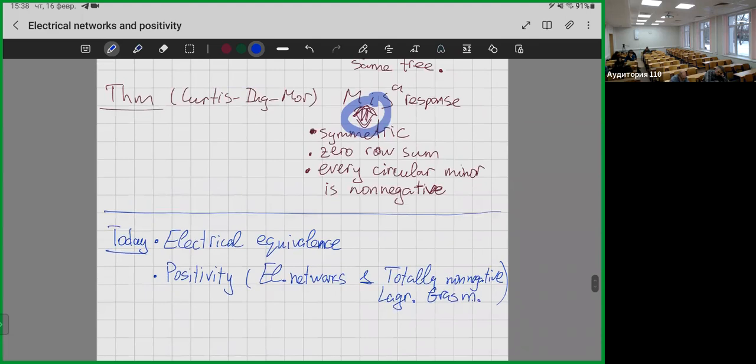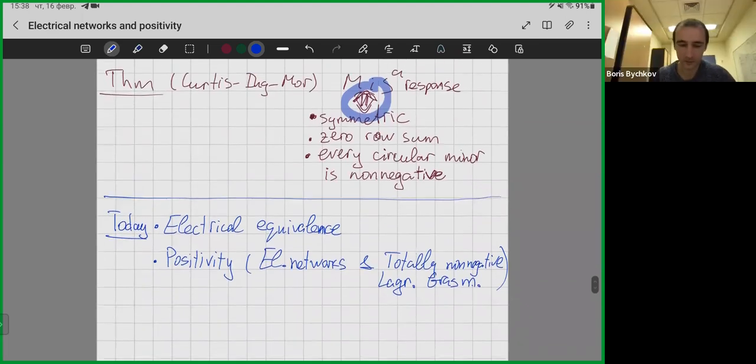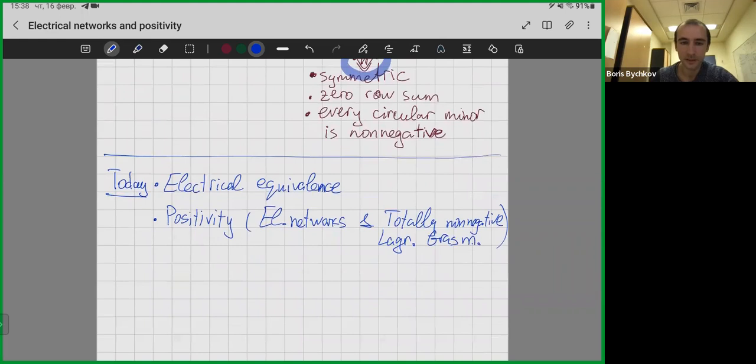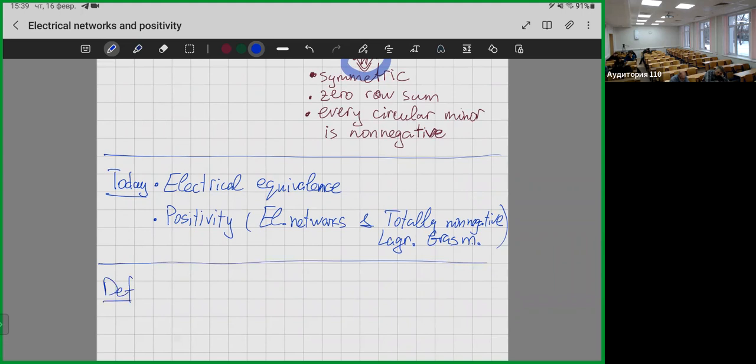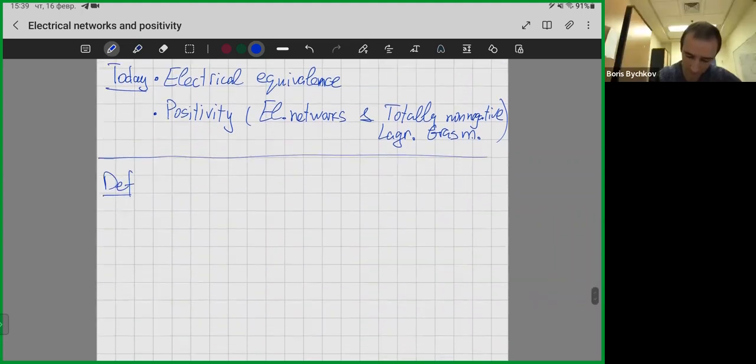So, about electrical equivalence. At first, let me define the medial graph of the network. Medial graph in Russian is called медианный граф.